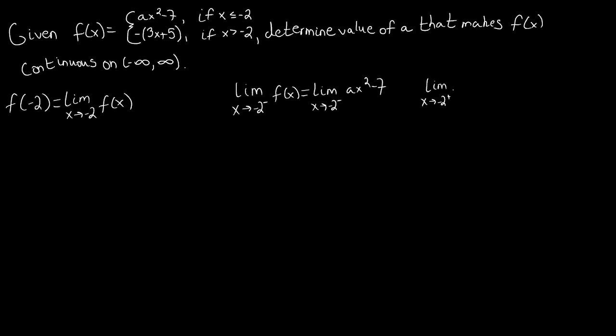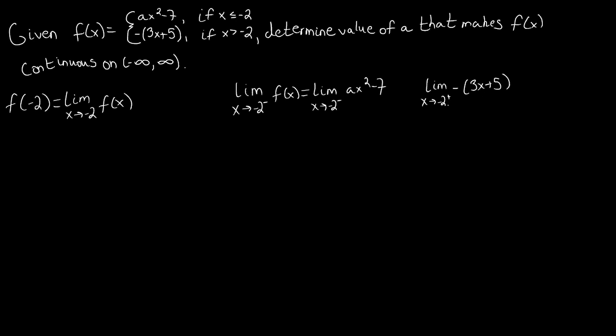Because if we analyze this part first, the only unknown that we have is our variable, and we know that's approaching -2 from the right, so we can at least figure out what value this function's approaching to see what we need to make our a value to make it approach that same value as x approaches -2 from the left.